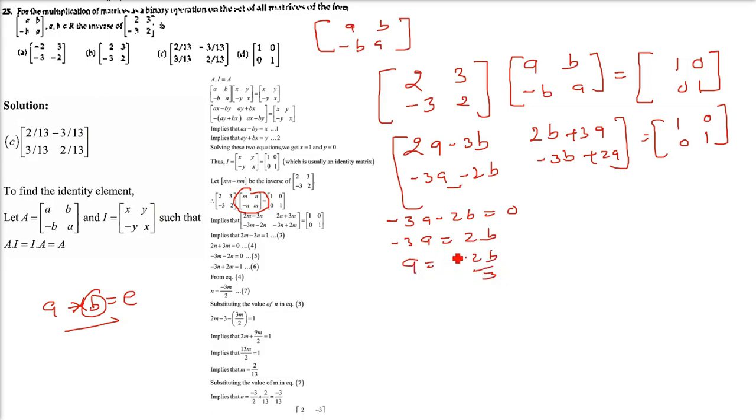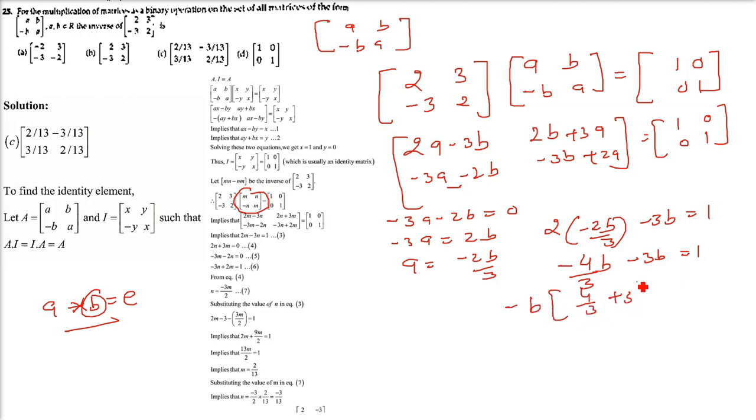This is A. Now put this in any of the equations which equates to 1. We have 2 into A minus 3 into B equals 1. So that is minus 4 by 3B minus 3B equals 1. Taking negative B common, 4 by 3 plus 3 you get 4 by 3 plus 3 by 1, which is 4 plus 9 by 3, 13 by 3.